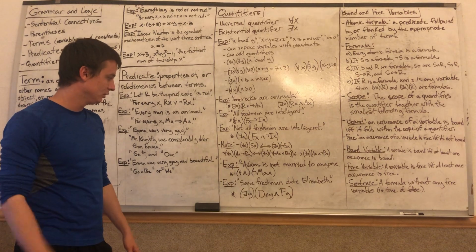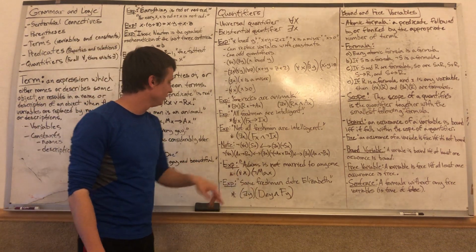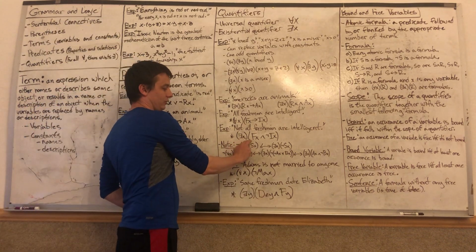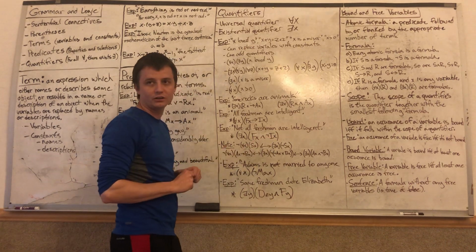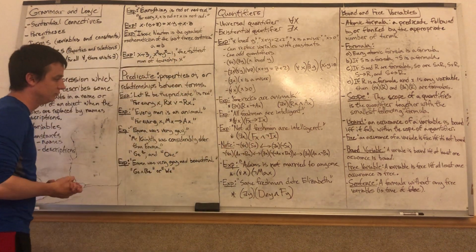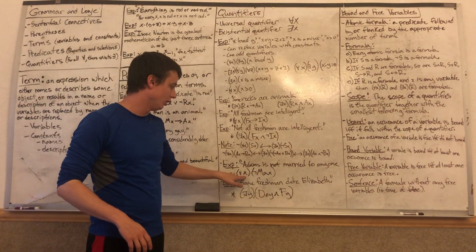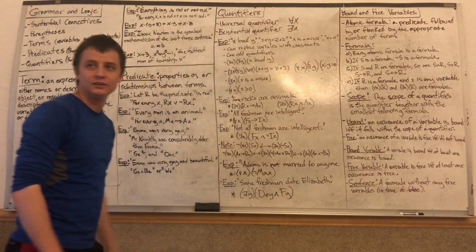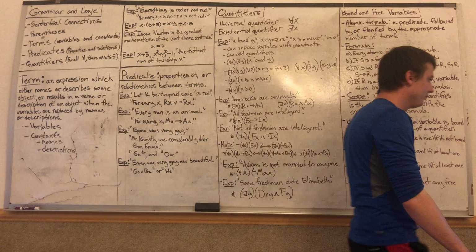We usually use a such that with the there exists. There exists x such that x is a freshman and x is not intelligent. That's how I read that. We don't really fill in with for all actually. For all x, Adam is not married to x. So I guess it's only with the there exists that I do that.